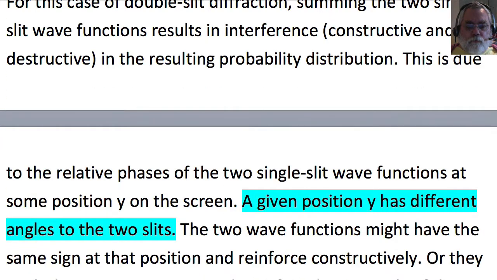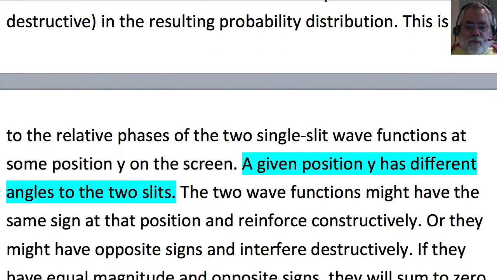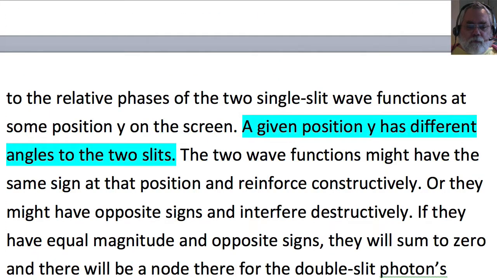This is due to the relative phases of the 2 single-slit wave functions at some position y on the screen. A given position y has different angles to the 2 slits. The 2 wave functions might have the same sign at that position and reinforce constructively, or they might have opposite signs and interfere destructively.